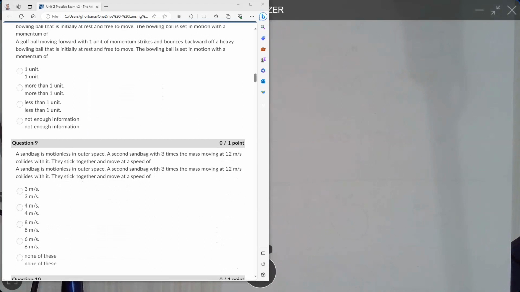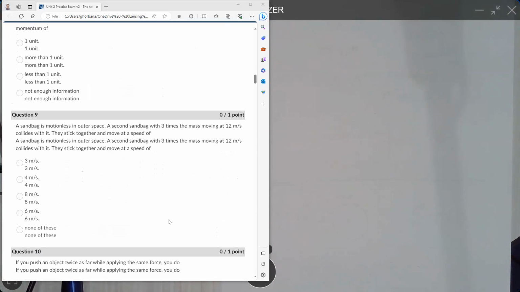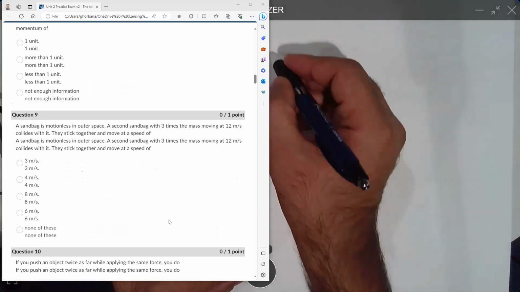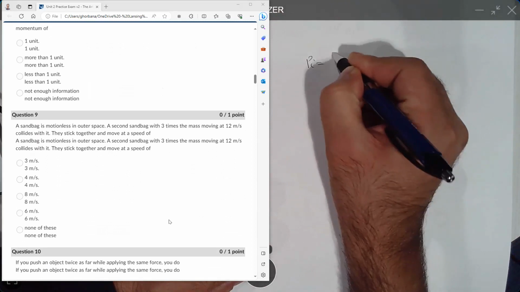Question number 9 is telling that a sandbag is motionless in outer space. A second sandbag with 3 times the mass, moving 12 meters per second, collides with it. They stick together and move with what speed? So again, we are supposed to use the conservation of momentum, PI equal PF.